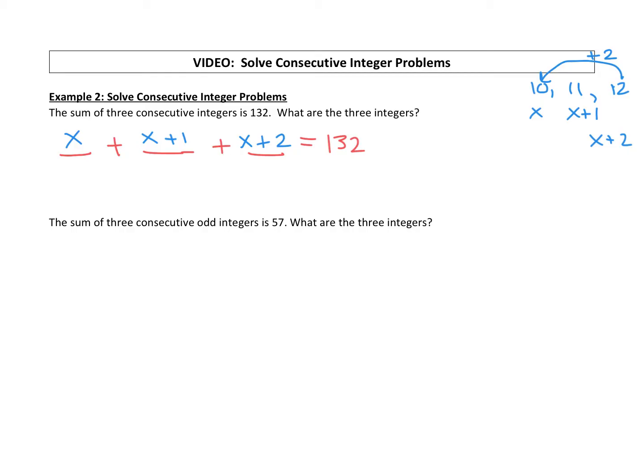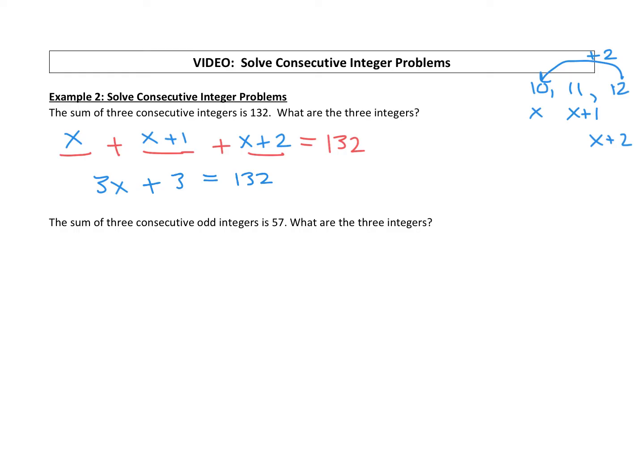To solve this, we're going to combine any like terms. We have some x's, there's an x, an x, an x. x plus x plus x is 3x. And then we have a positive 1 and a positive 2. We'll add those together and get 3, carry down, equals 132. And now we have a two-step equation to solve.